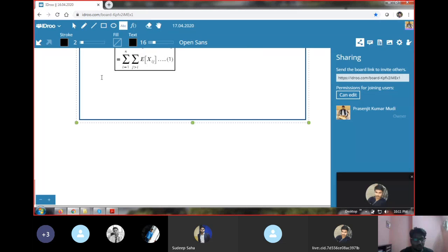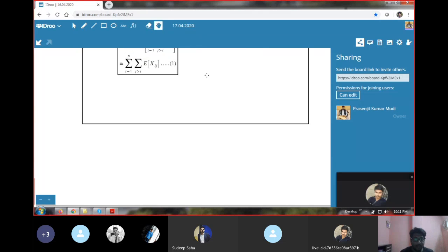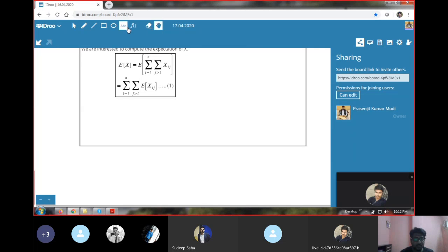Our interest now moves towards finding the probability that two elements Si and Sj are being compared.